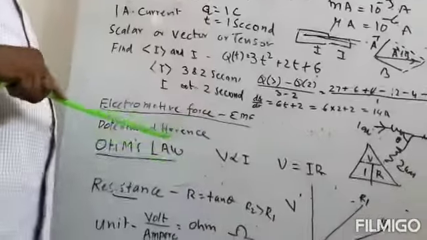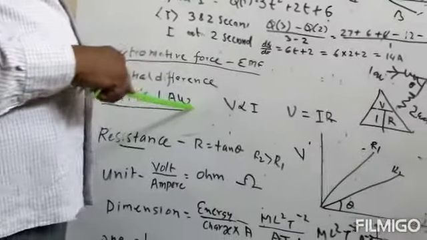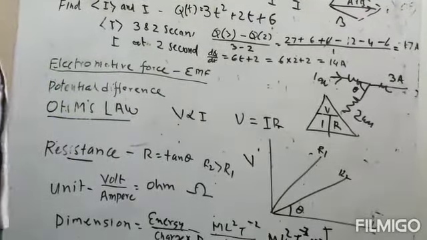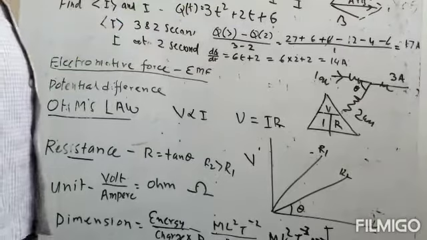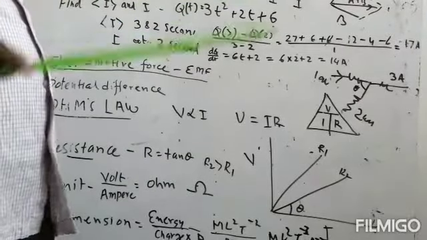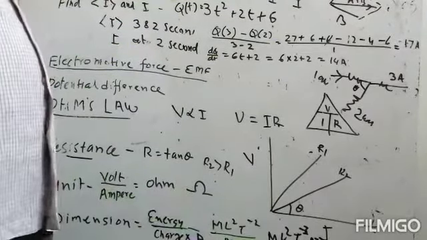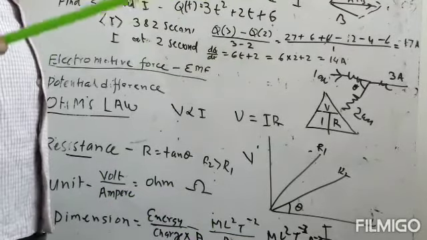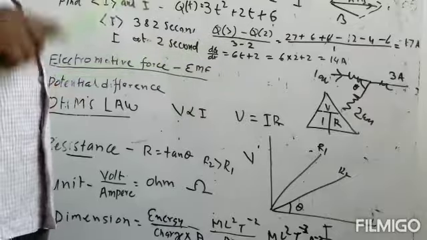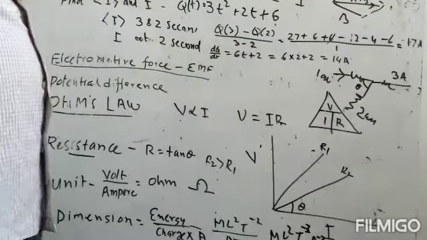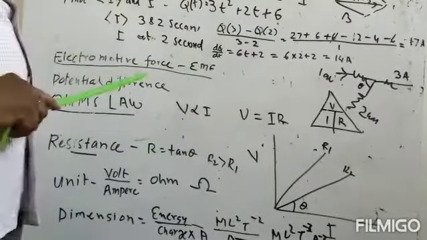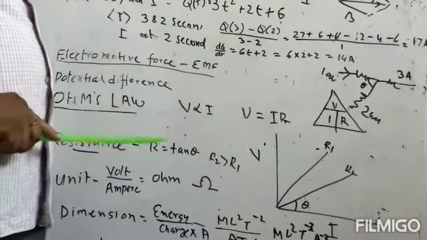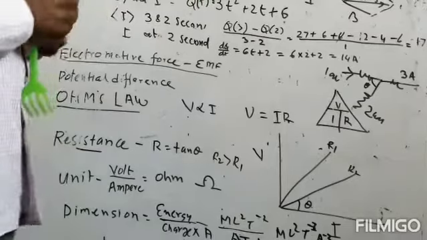Ohm's law we can define: if the physical conditions of the conductor, meaning the temperature, pressure, and elastic property of the conductor, are constant, then the potential difference across the conductor is proportional to the current flowing through it.